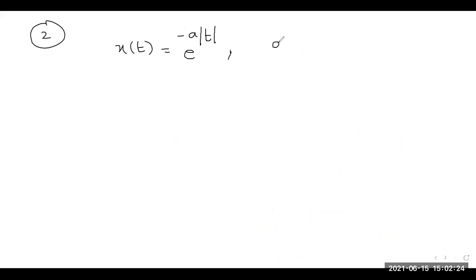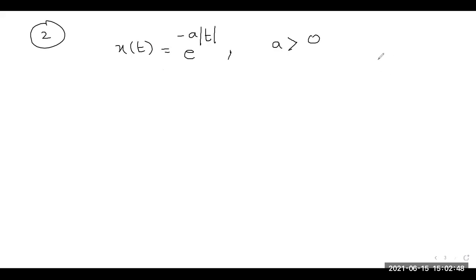And in this case as well, a has to be greater than 0. So in order to find the Fourier transform, first of all, if I want to answer this question, whether this signal will have a Fourier transform. So one of the condition is that signal should have finite energy.